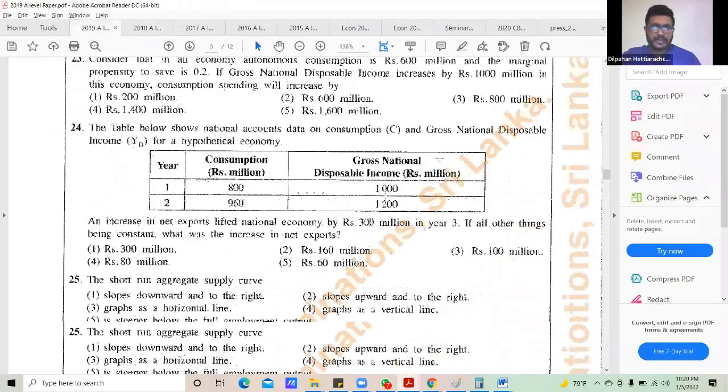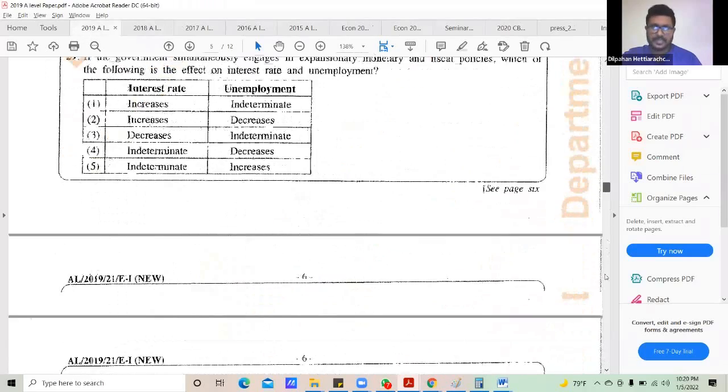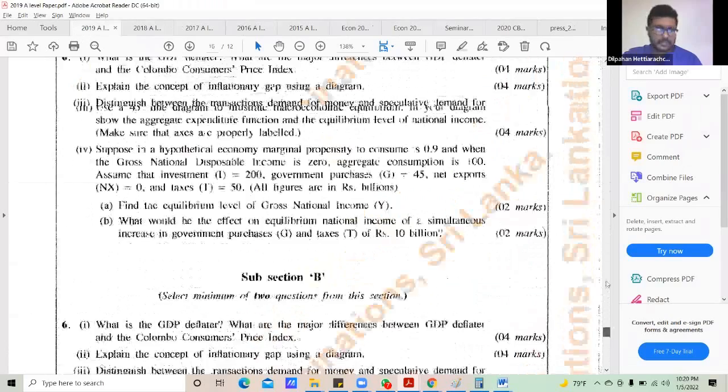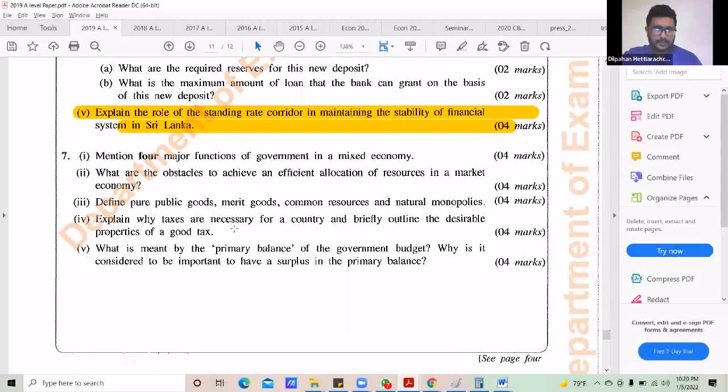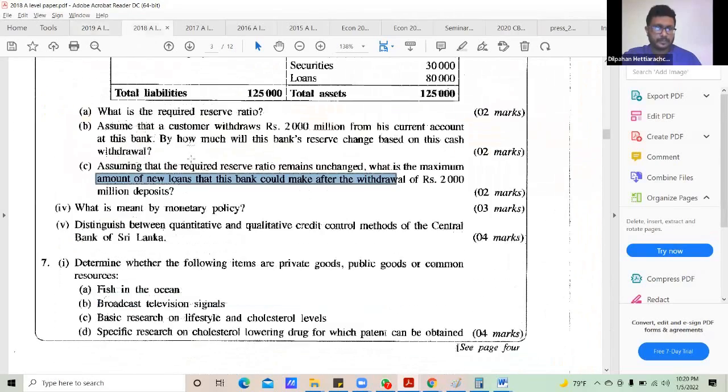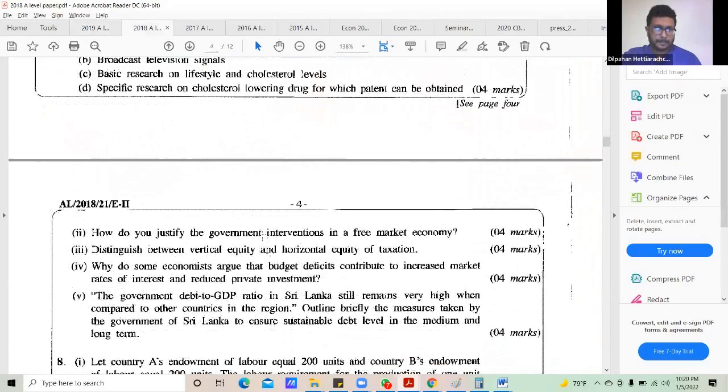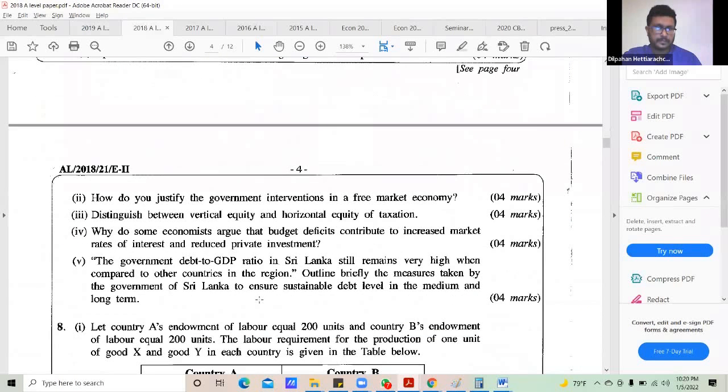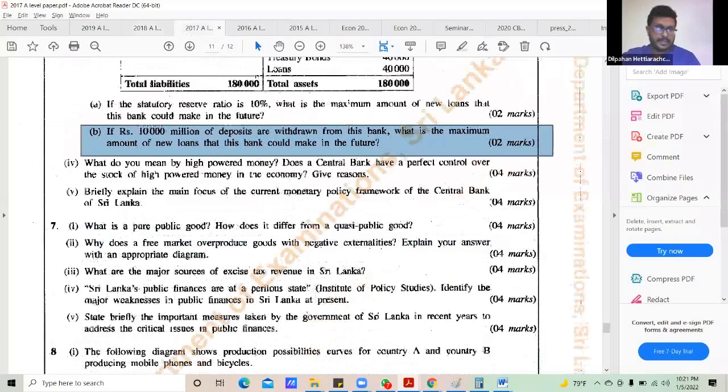So 2020, they ask about production negative externality. 2019, no, not in 2019. So if you don't have any question in the second paper, definitely it will be there in the MCQ paper.